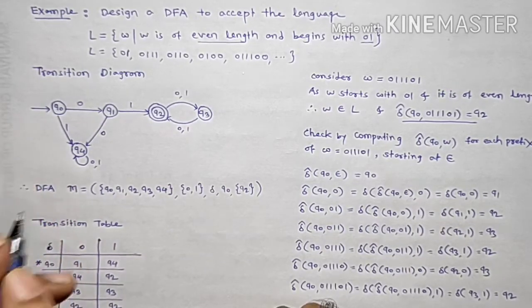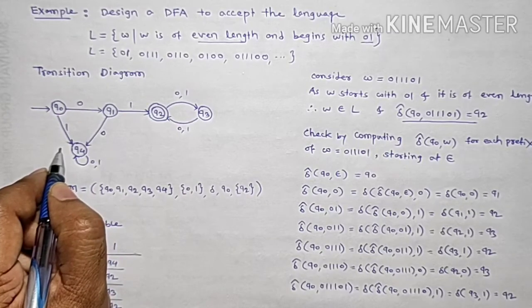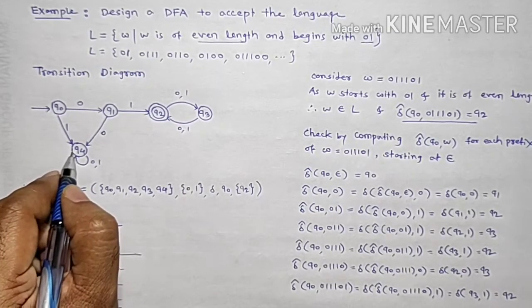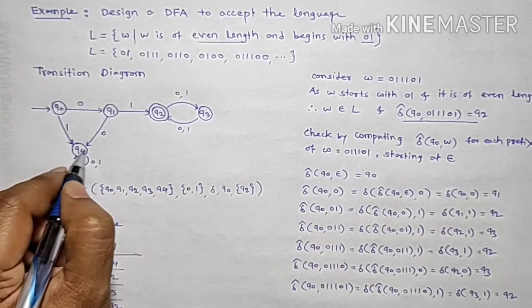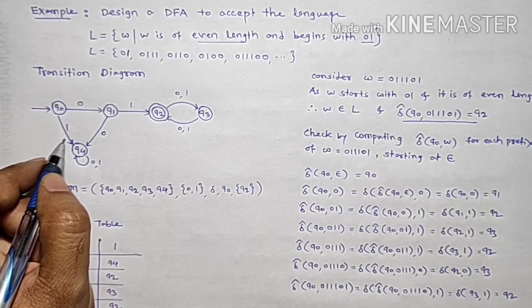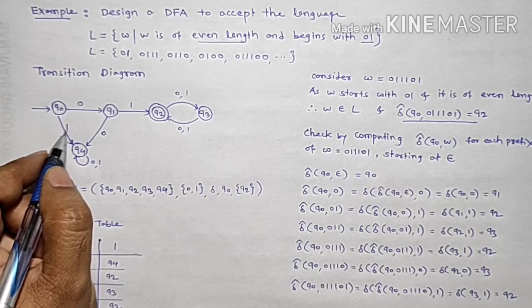A dead state is a state from which there is no outgoing transition to any other state. There are only incoming transitions for Q4, so it is not considered in the acceptance of any string.